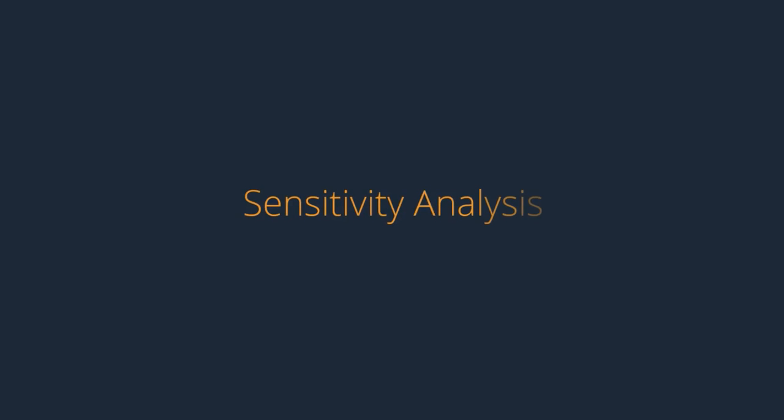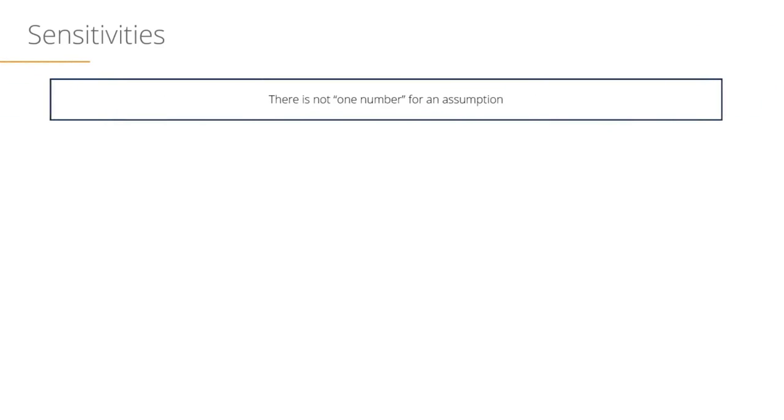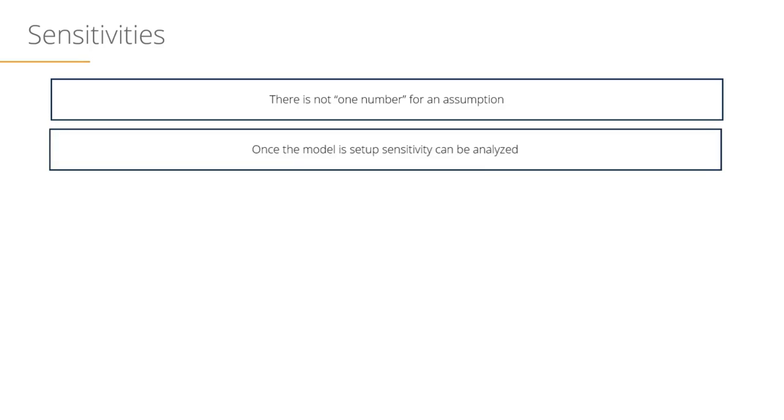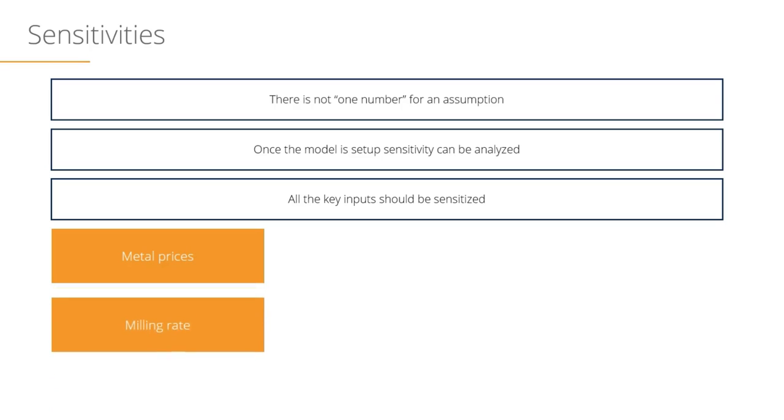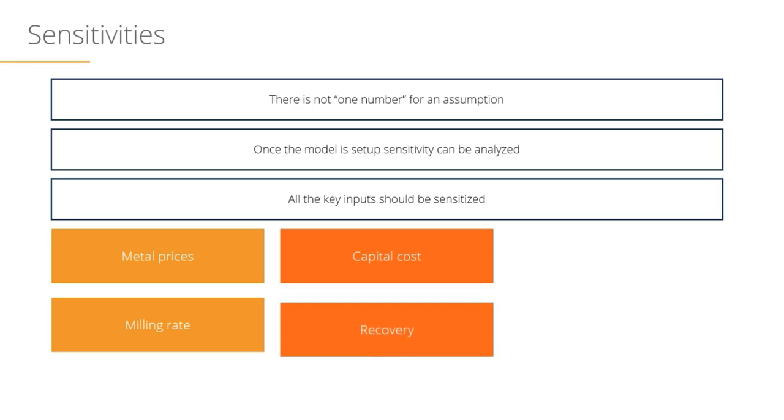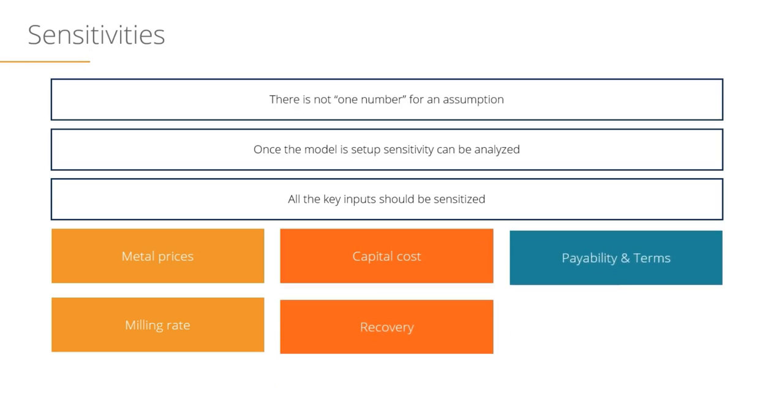In this section, we're going to perform sensitivity analysis on the financial model. It's important to point out that there's not one single number for an assumption. We may use a gold price of $1,400 in the model, but we want to run different scenarios. Once the model is set up, it can be sensitized using sensitivity analysis.